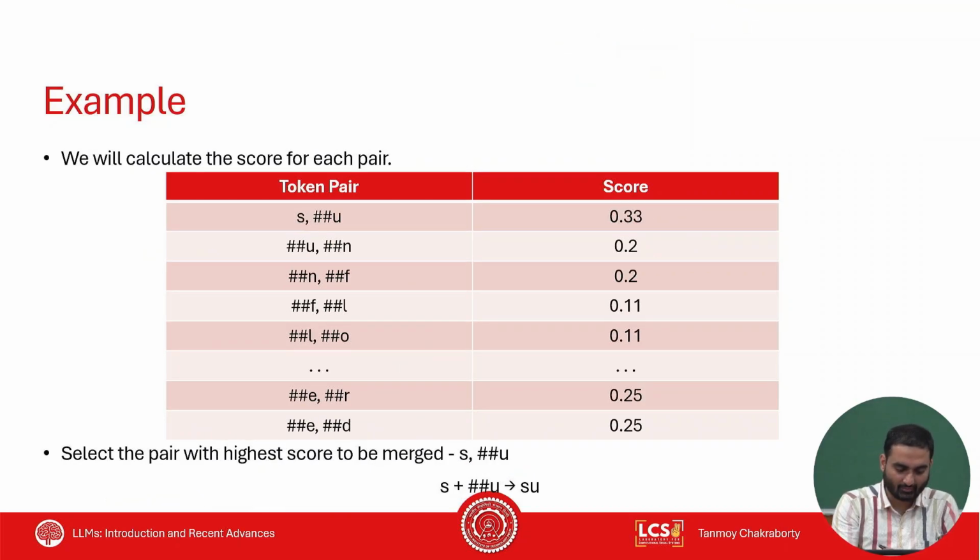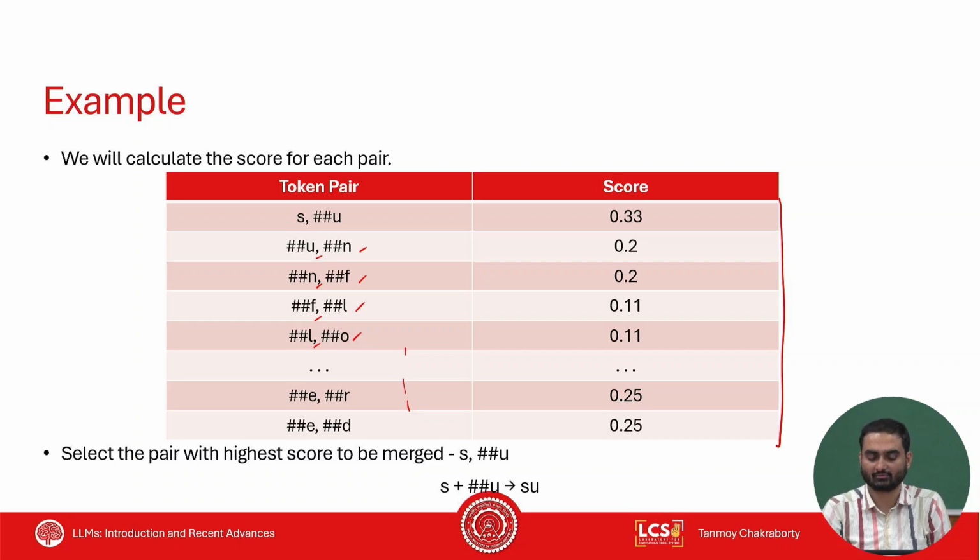Similarly, we merge UN, UF, FL, LO, and so on and so forth, and we obtain the corresponding scores. Here again, you identify the pair whose score is the maximum. In this case, S and U will be merged, and the new token will be formed, which is SU. Now, an important thing to note is that when you merge S and ##U, the resultant token is not ##SU. This is only SU. Why? Because S is the initial character.